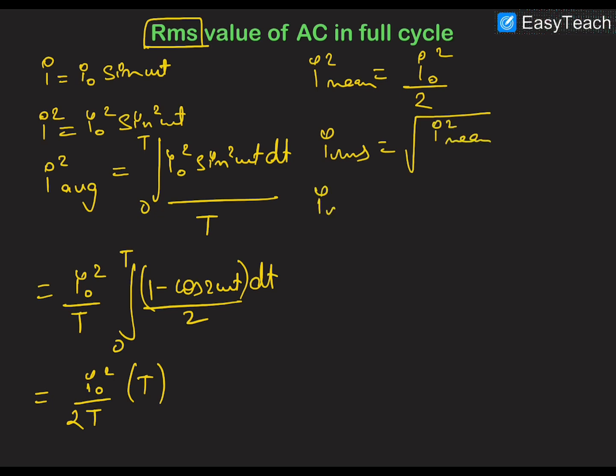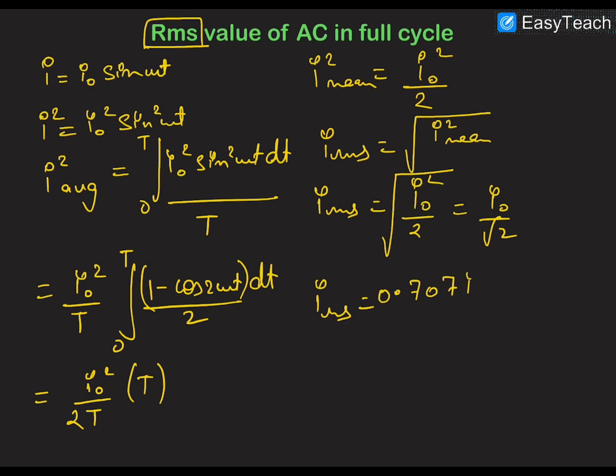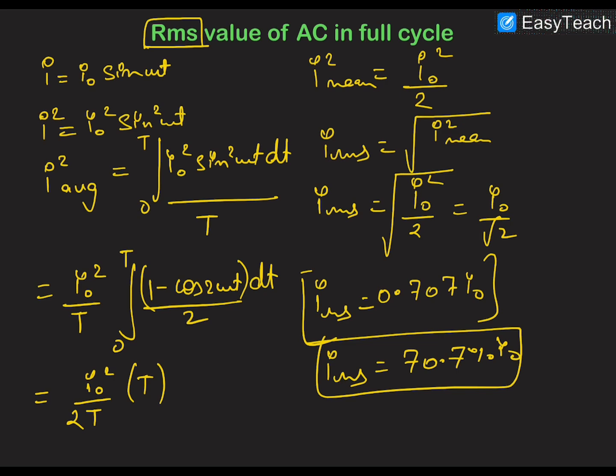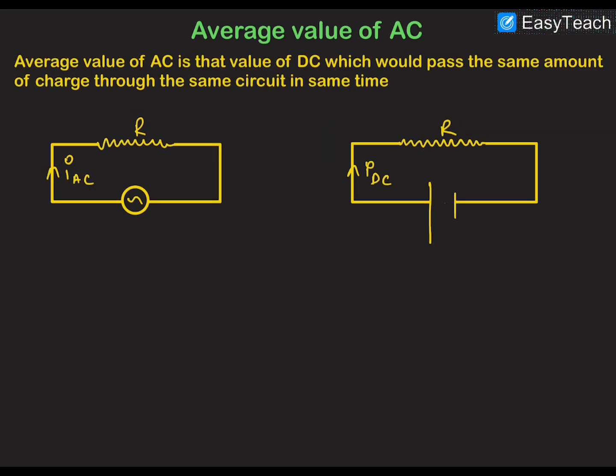So I RMS will be equal to under root of I naught square by 2, and therefore it would be equal to I naught by root 2. So I RMS will be equal to 0.707 of I naught. So we can say that I RMS is 70.7% of I naught.